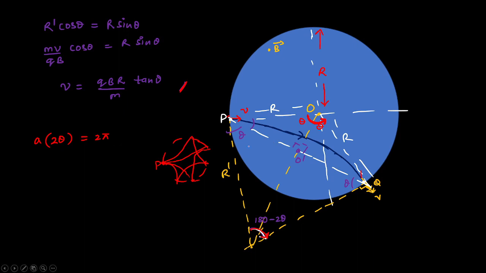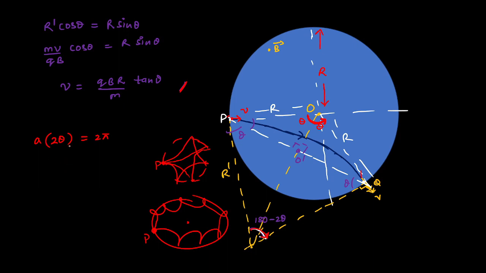It means after a number of times, a times 2 theta, it comes back to the same point P. Then it means that after going once around the center, like say after suffering many collisions, if it is coming back to the same point P, after once around the center, it describes an angle 2 pi. So a is just some finite number.